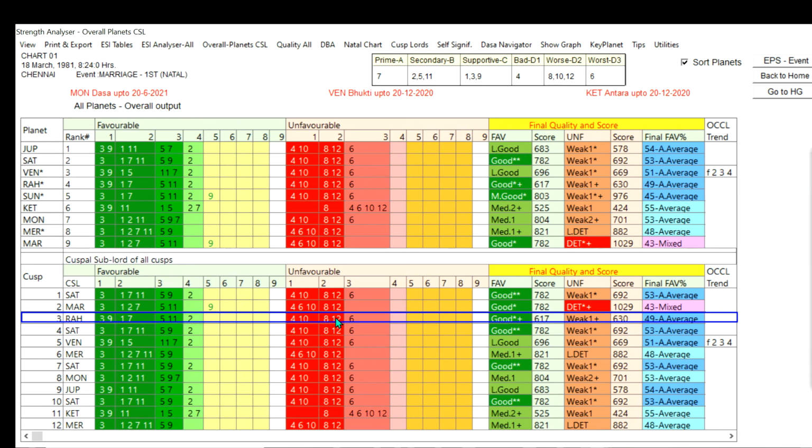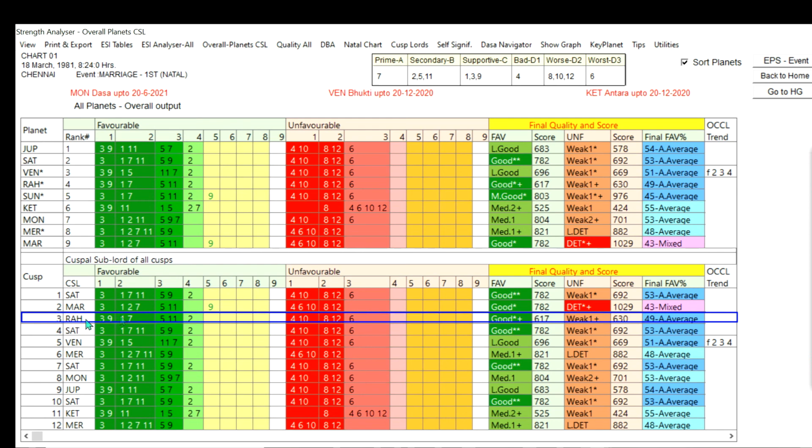Correct? It means that through the third house, if that person is going to get benefited, then the 2 and 11 houses, and the 6th house, are strongly connected on the favorable side. Now the 6th house is coming under unfavorable because that event is marriage. In case of job prospects or finance, 2, 6, 11 will come under the favorable.